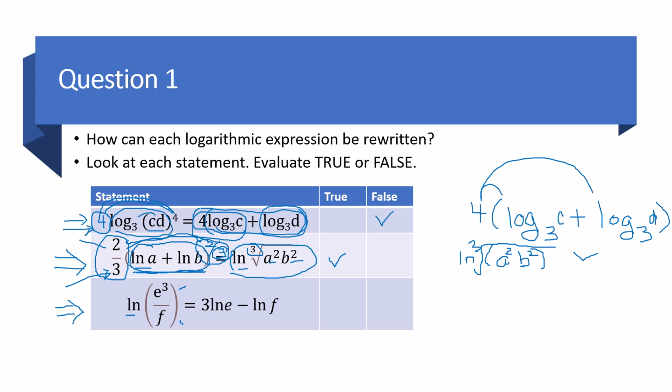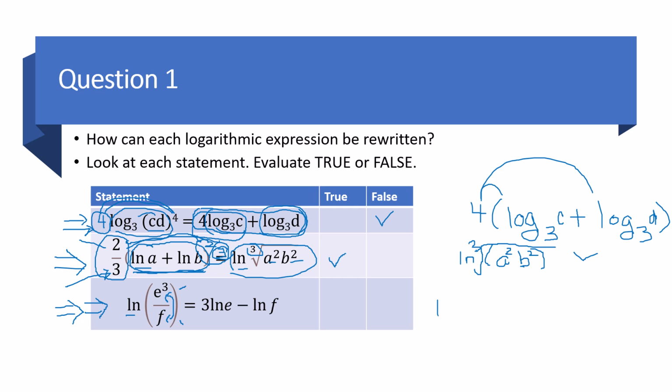When you have e to the 3 on the top and the f on the bottom, then this is going to be subtraction. And if you look on the right, we do have subtraction. But let's look at the left here and let's simplify this and see if it matches the right.